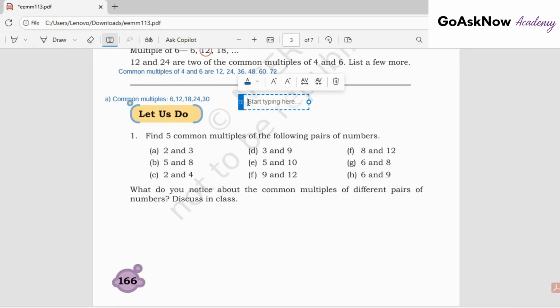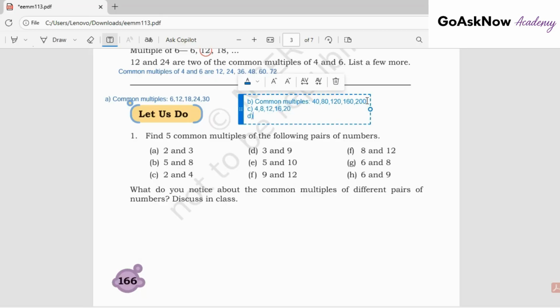Next for B, 5 and 8, the common multiples are 40, 80, 120, 160, 200. Next, for part C, the common multiples of 2 and 4 are 4, 8, 12, 16, 20.